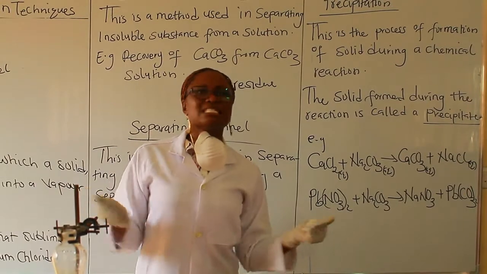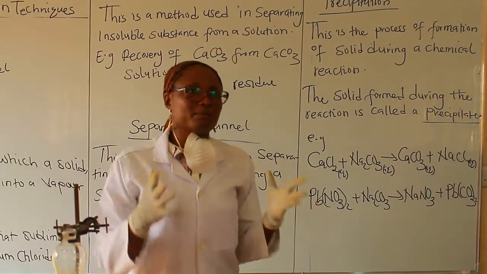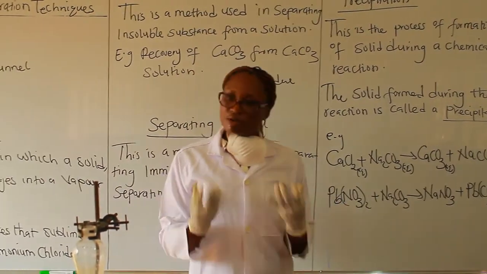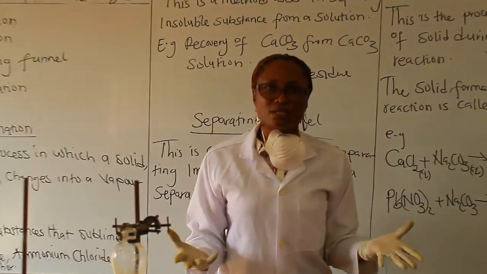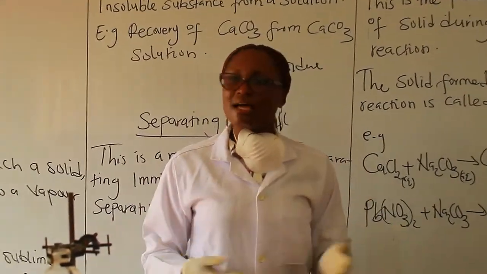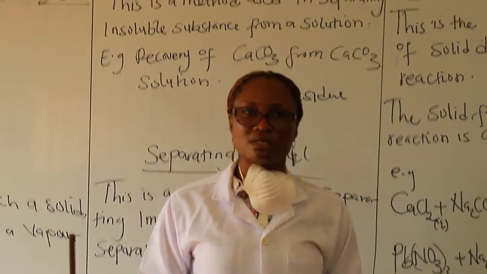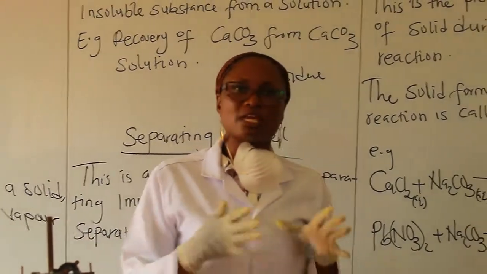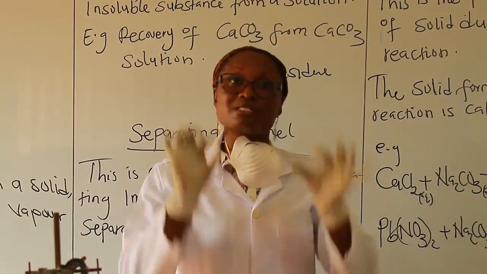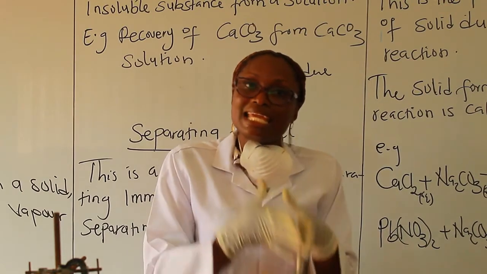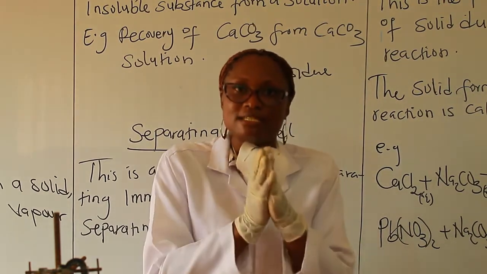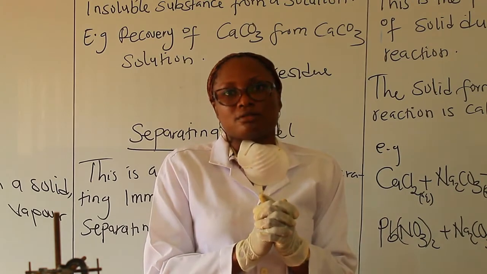There are different types of chemical reaction. There are some reactions where you won't see any solid. Some you just see gases, and some you just see liquids. But there are some reactions you do in the chemistry laboratory where you start with solutions and at the end you have a solid in that solution.